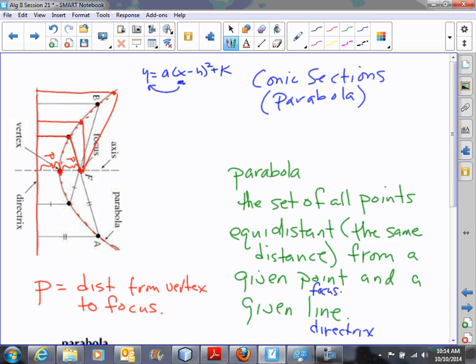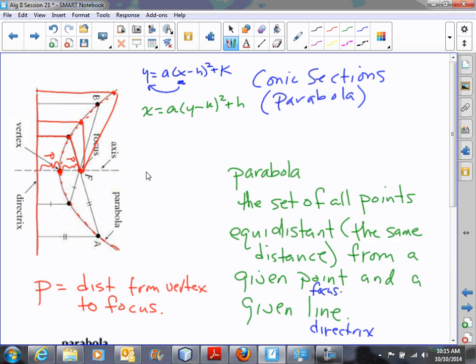And for each x, there's exactly one y. Now, there are a couple of different x's that give us the same y, but every x has only one y. Now, the equation for the quadratic relation that is actually not a function, in other words, the parabolas on their side, if you will, is x is equal to a times (y minus k) squared plus h.